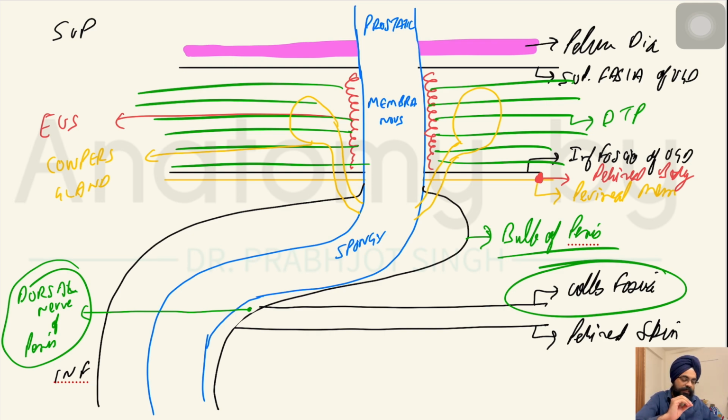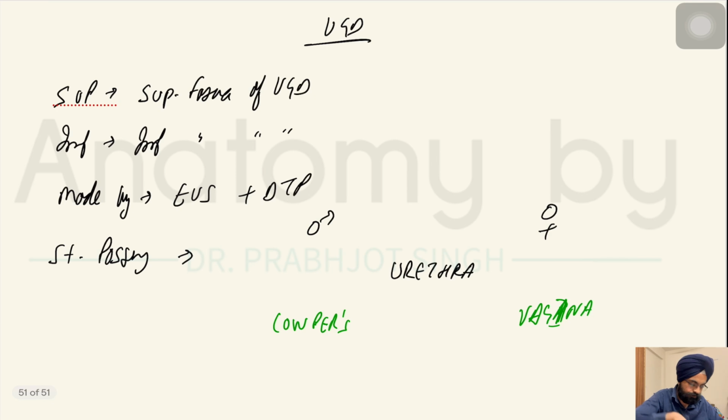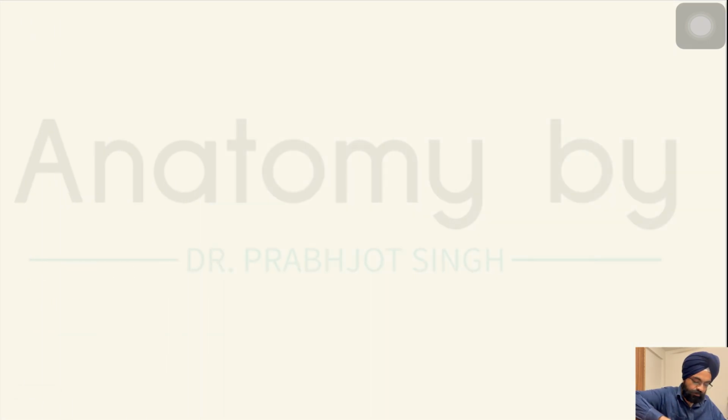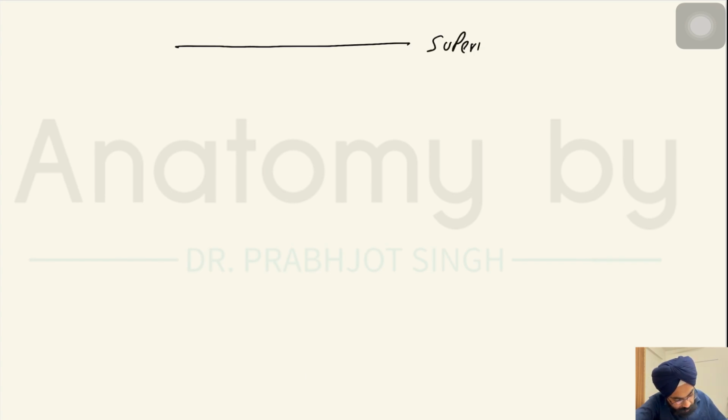Now only one thing that I'm going to talk about is two structures. Sorry, one is the perineal body and another is the perineal membrane. So let me draw one simple line diagram. Over here you have the superior fascia of urogenital diaphragm.